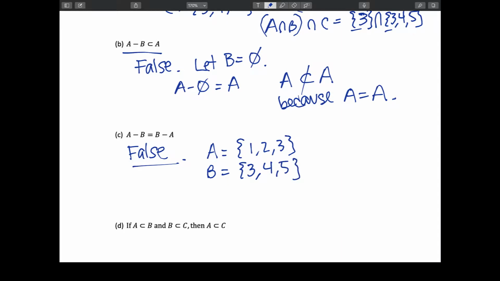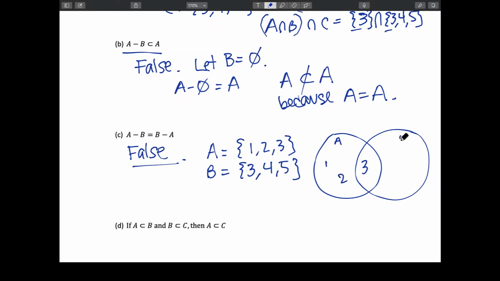So if I draw this out, we know that there is something in the middle. I've got within our set A, I've got 1, 2, and 3. And within our set B, I have 3, 4, and 5. And so the elements of A minus B are all of those things in A that are not in B. So that's 1 and 2.